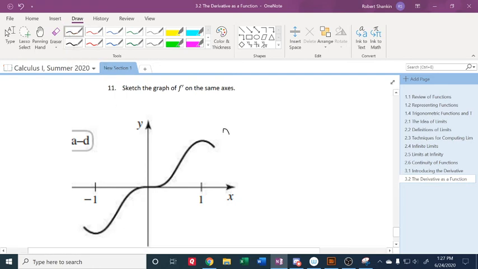So this is the graph of f, and to do f prime, I first find out, here's the top of a hill, that's an x-intercept. Here's the bottom of a valley, that's an x-intercept.